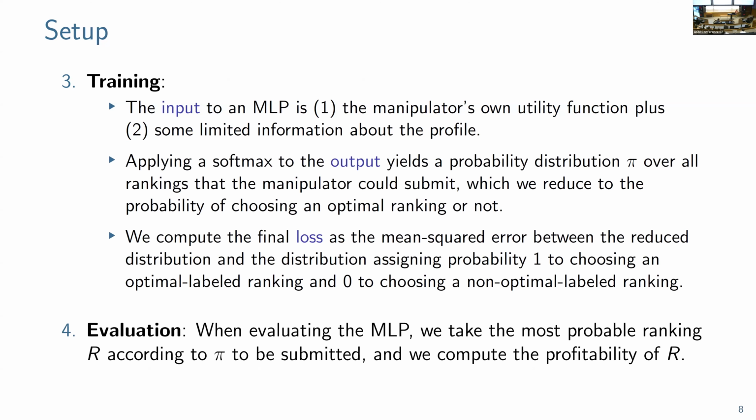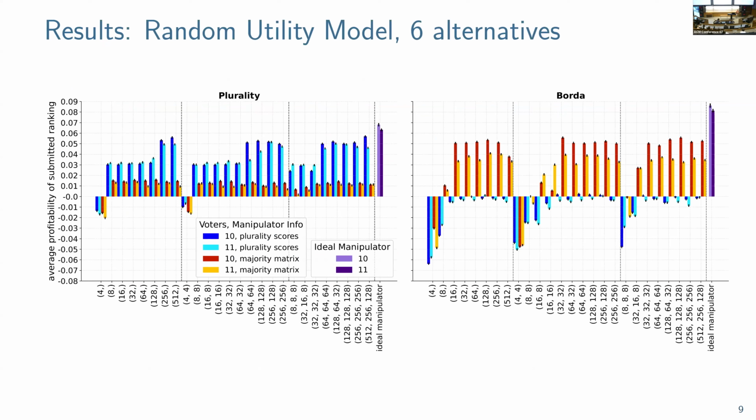Okay, all right, so in a picture, this is the data that we actually got. Along the x-axis here, we looked at neural nets with different layers, going roughly from the least complex to the most complex. Here I'm showing you the plurality rule, where whoever gets the most first place votes is the winner, and Borda, which is well known to be, quote unquote, highly manipulable.